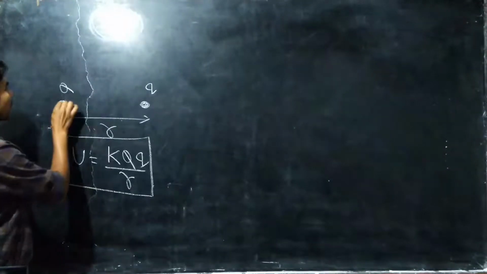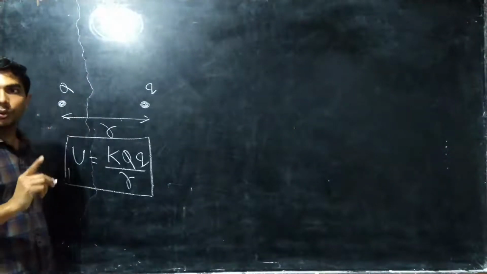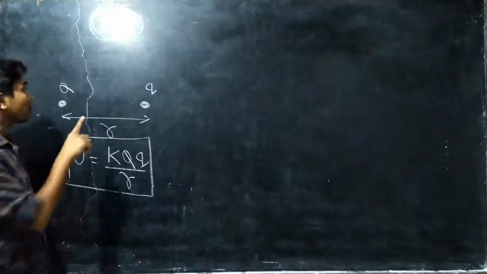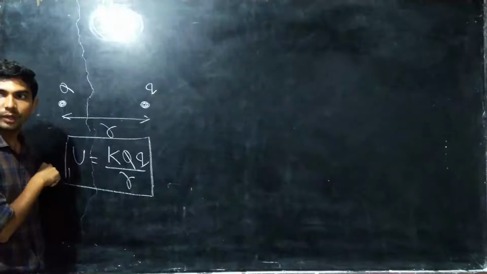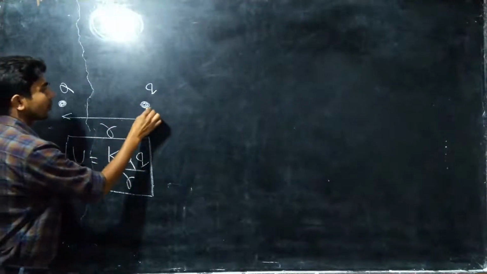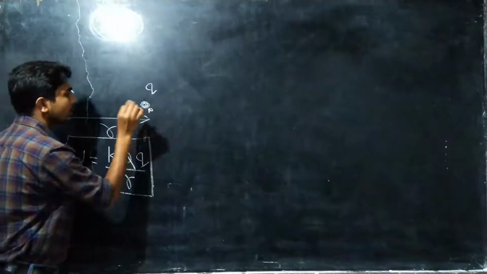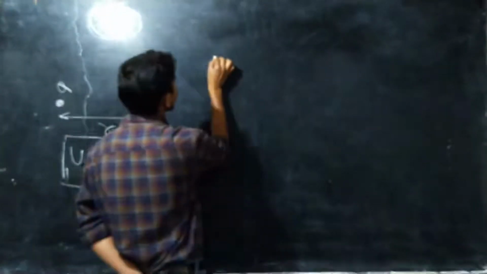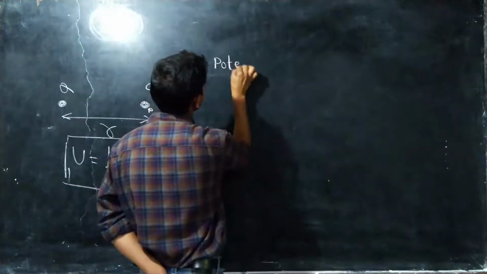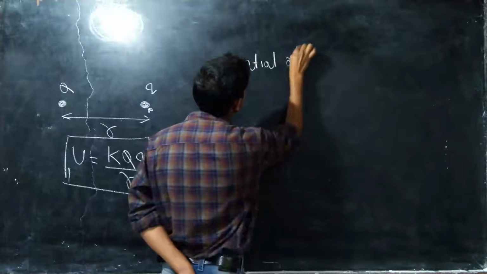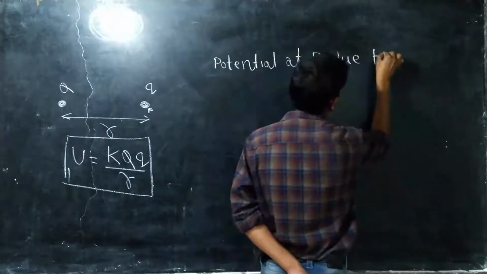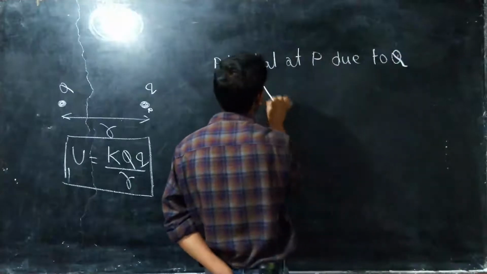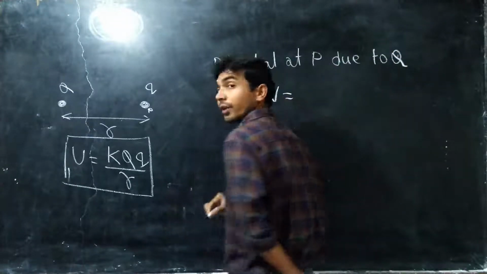Okay. Now one more thing. Suppose I am going to calculate potential, the potential due to this charge at this point. How much will be the value of potential at this point? Suppose this is your point P. The potential at P due to Q, suppose that potential is V, and that V is how much?